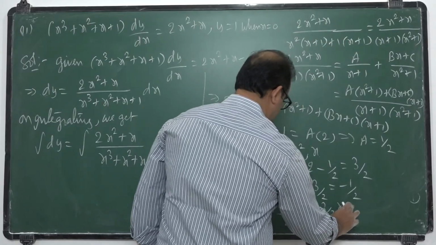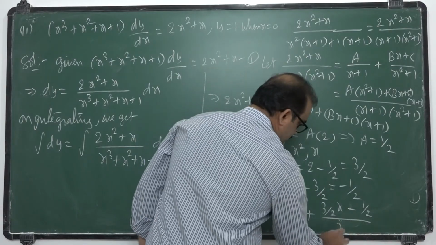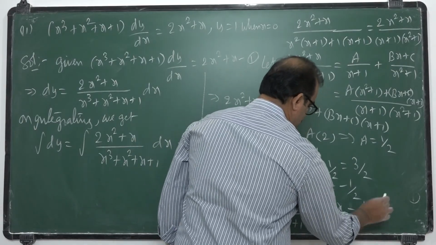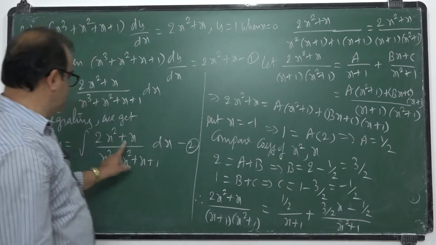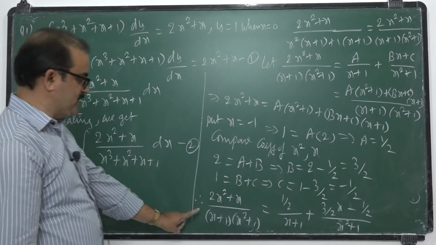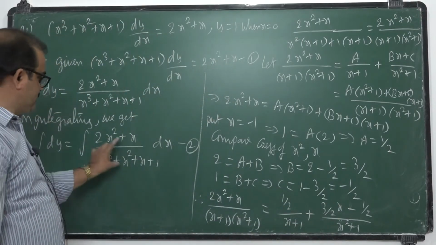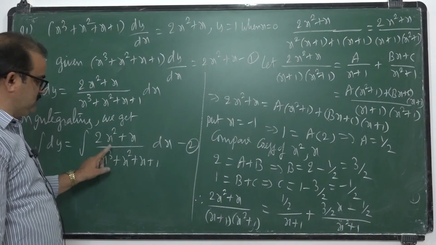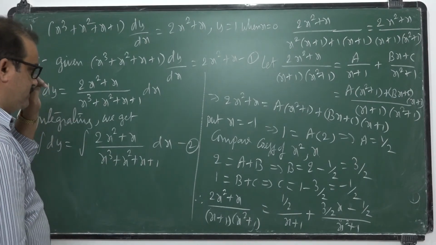C value minus 1 by 2 by x square plus 1. Now on resolving this LHS into partial fractions, we get this value. Now substitute this fraction value in equation 2 and integrate.